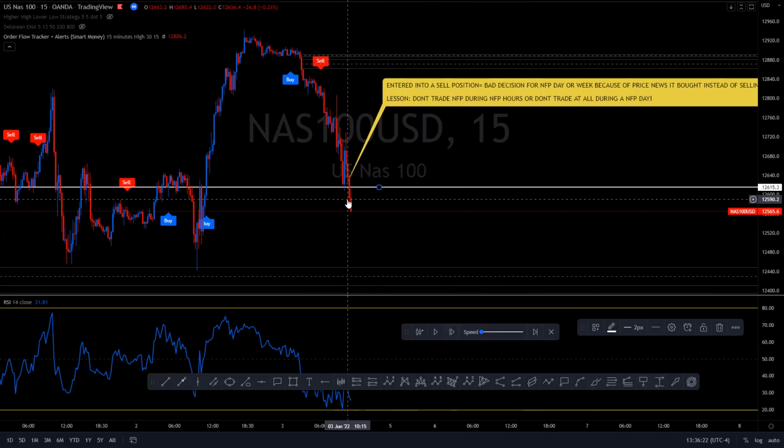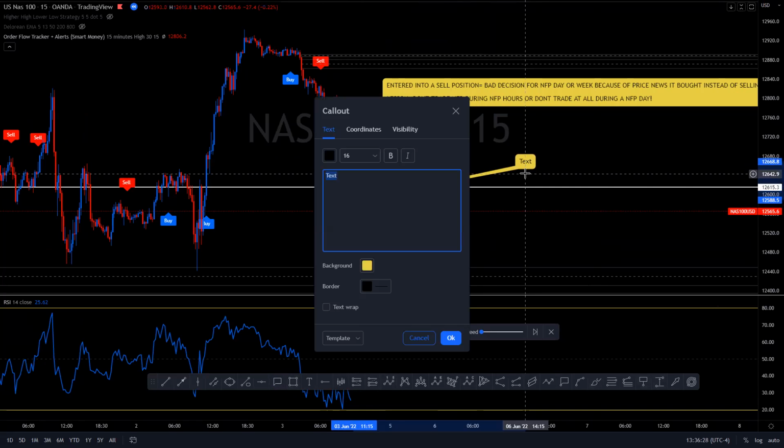Now it closed below. This probably would have been a perfect opportunity to sell. So I'm going to say this entry would have been most appropriate for NFP day.